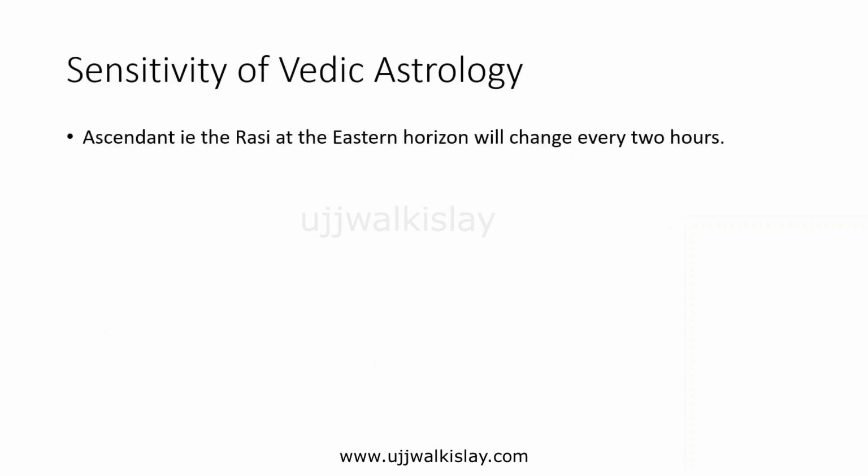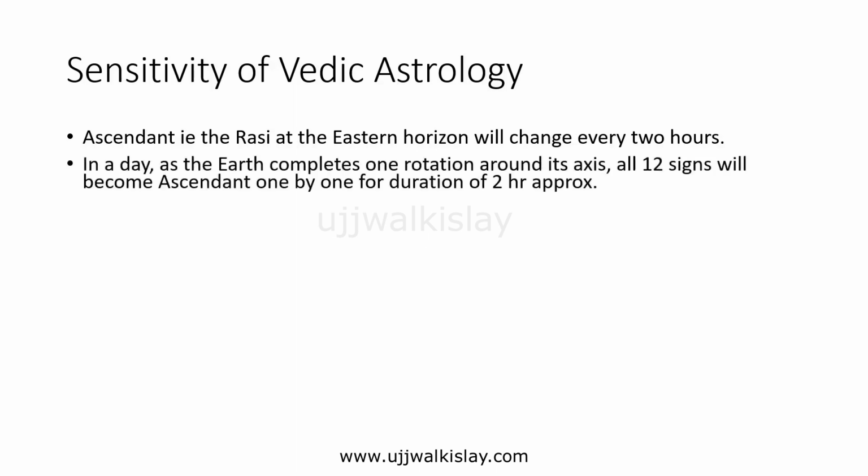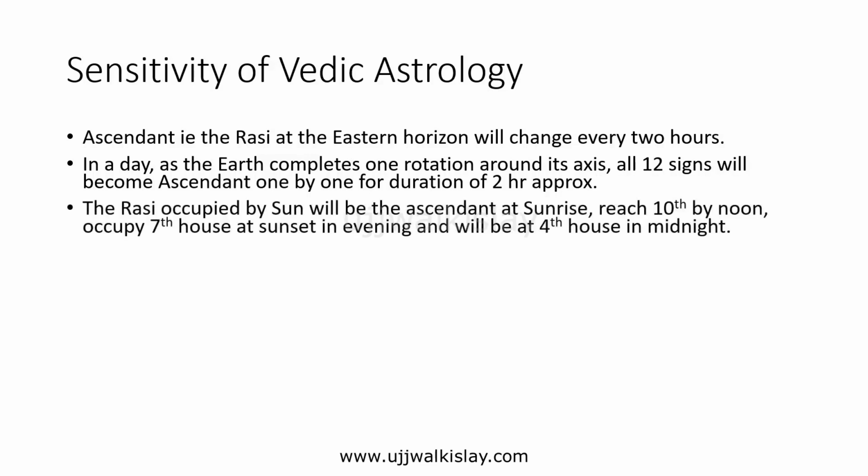Sensitivity of Vedic Astrology. Ascendant, that is the Rashi at the eastern horizon, will change every 2 hours. In a day, as the Earth completes one rotation around its axis, all the 12 signs will become ascendant one by one for duration of 2 hours approx. The Rashi occupied by the Sun will be the ascendant at sunrise, because the Sun rises in the east.